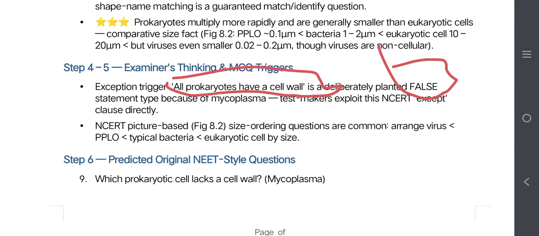No, because mycoplasma is also a prokaryote, but it lacks a cell wall. This is one of the main points from NEET NCERT.